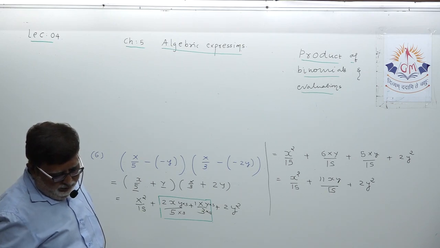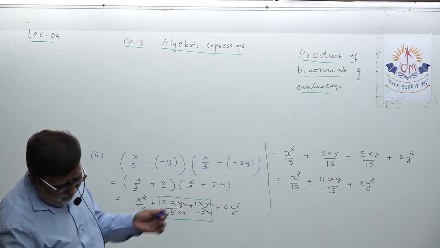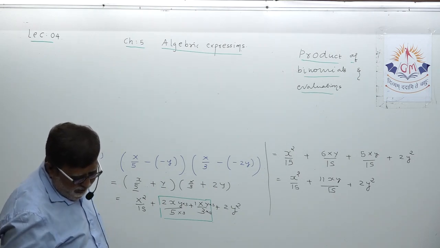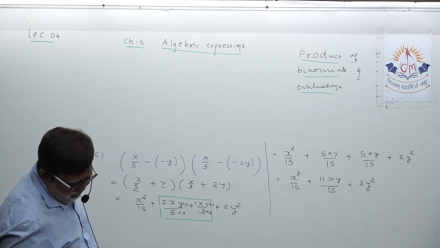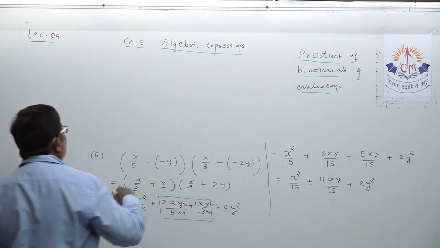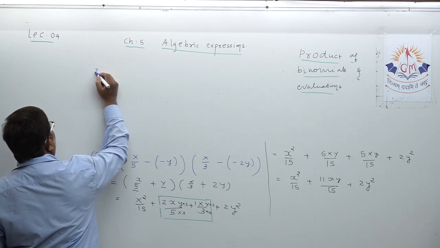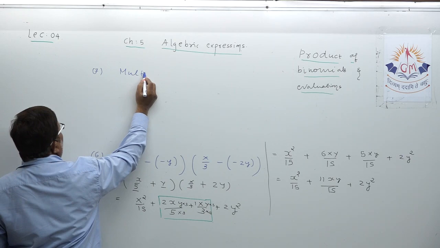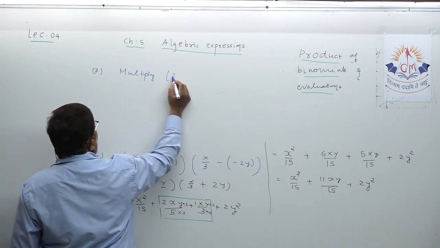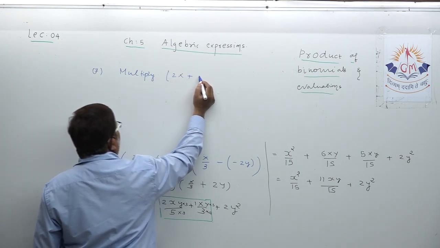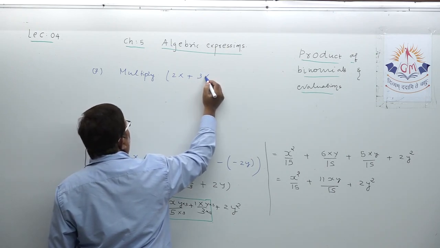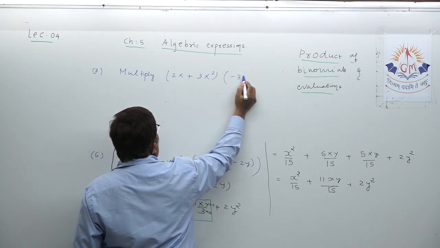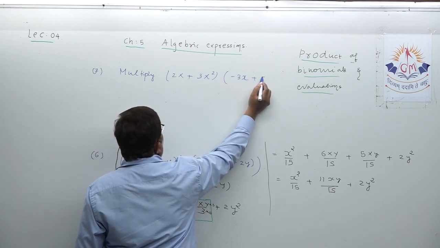Now the example is like this. Okay. Suppose I write: multiply 2x plus 3x square into minus 3x plus 5.